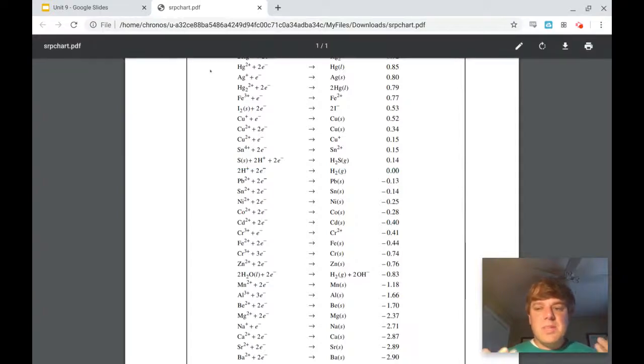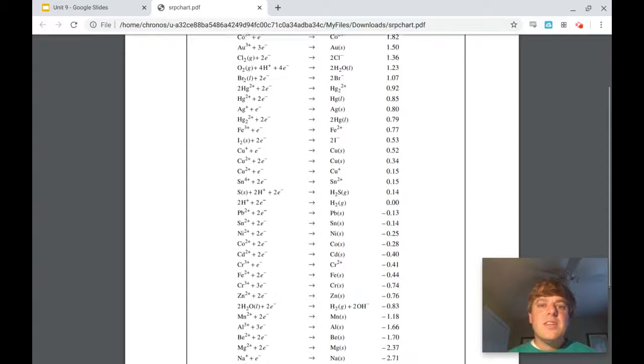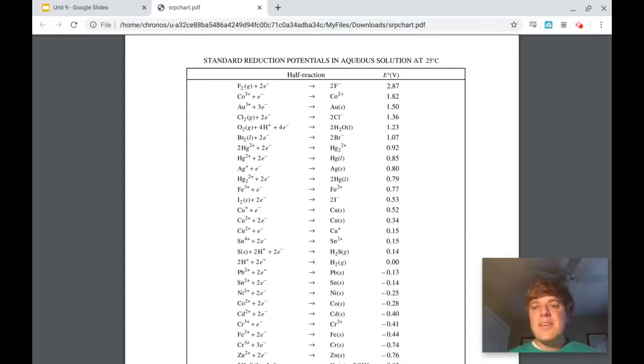Now, these are all reduction half reactions, and if you remember from our lessons on redox many months ago, you learned that you can't have reduction, something gaining electrons, without something being oxidized and losing electrons. So in order to actually make an electrochemical cell, you need to take one of these half reactions and run it in the forward direction, and the other half reaction and run it in the reverse direction.